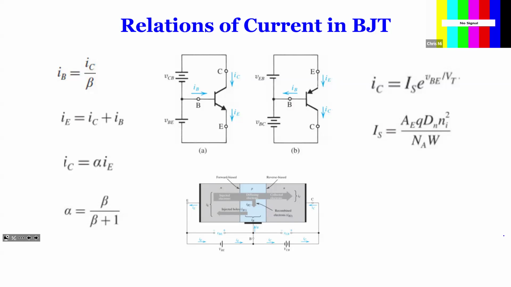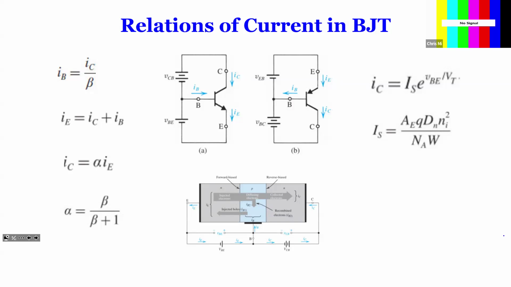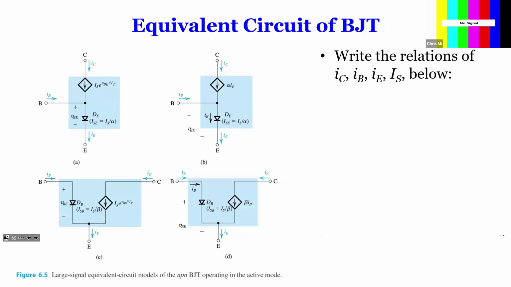Okay. So this is a kind of summary. Because of the relations we have, like IB equal to IC over beta and so on, we can draw an equivalent circuit of the BJTs. There are 4 different ways to draw the equivalent circuit. In the first equivalent circuit over here, we represent VBE as a diode, because that is a PN junction.